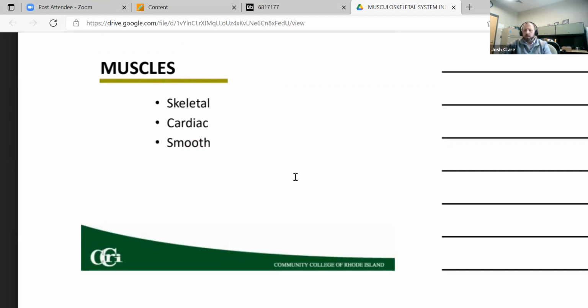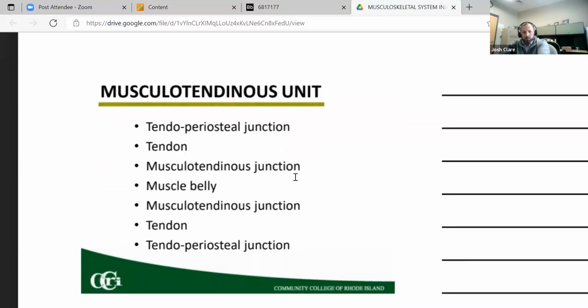A couple of different muscles that we want to talk about, then we'll talk about injuries to them. The skeletal muscles are voluntary muscles. I have to want to contract them to do it. Cardiac and smooth muscle we'll look at later in the cardiopulmonary lectures.